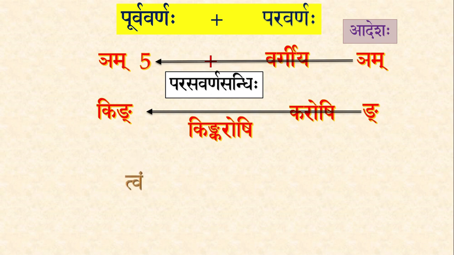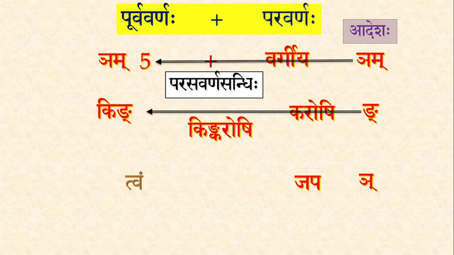In another example, Tvam plus Japa, the Anuswara must again be removed here also. And what shall we bring? Yes, it's the last letter of Chavargaha. And why have we chosen Chavargaha? That is because the letter Ja occupies the Paravarnaha position which belongs to Chavargaha.